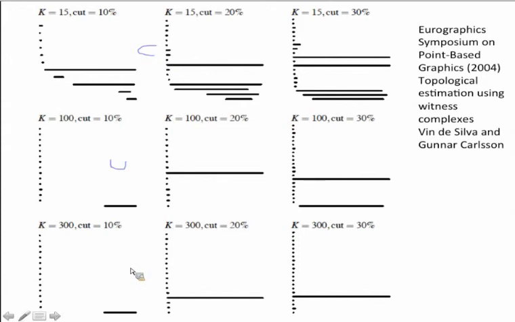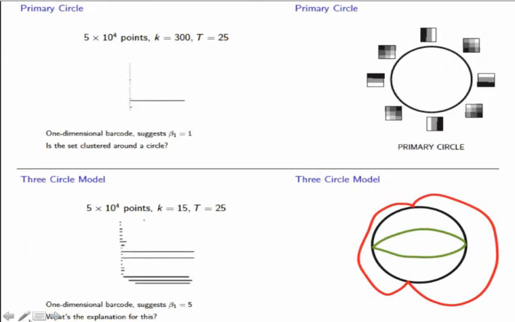Let's take a look at now a few specific examples and see if we can analyze what these H1s mean. So you can find your homology, but it's nice if you can actually trace back and say, what are the representatives, what are the cycles that give us this homology. Let's take a look at this first one here.